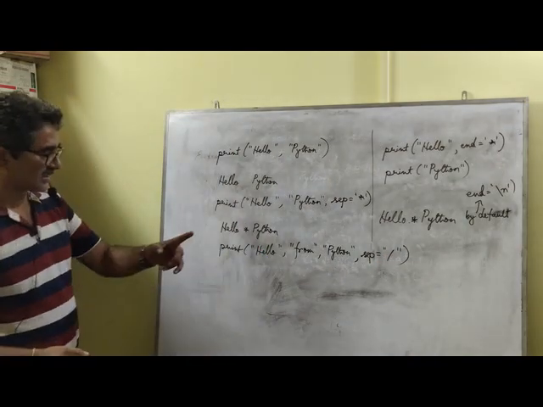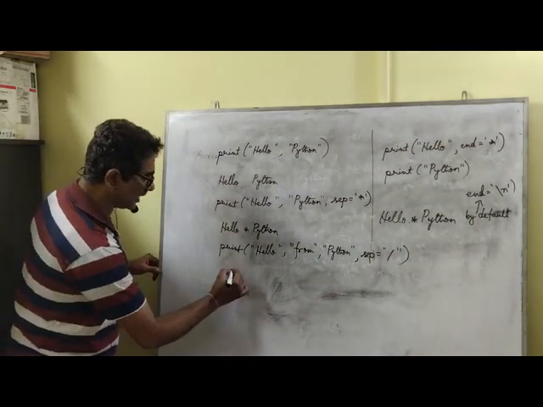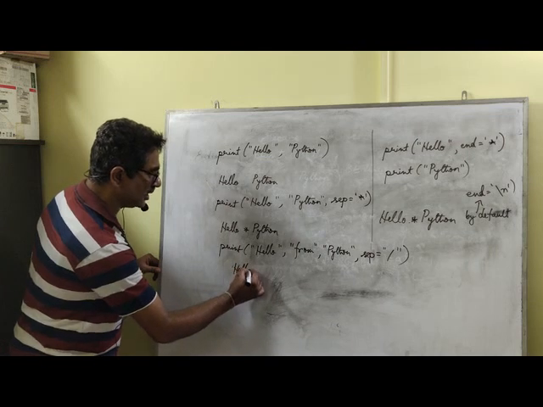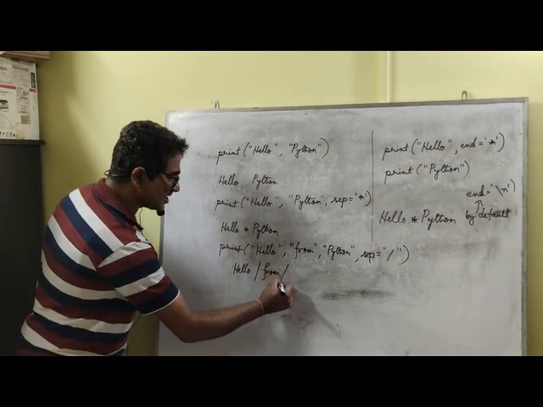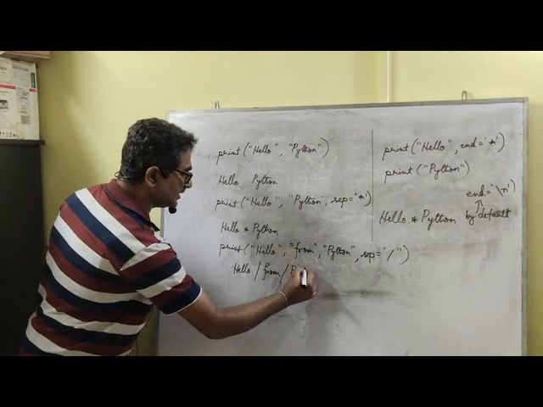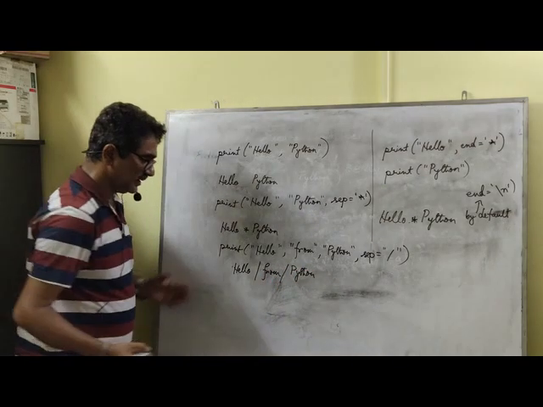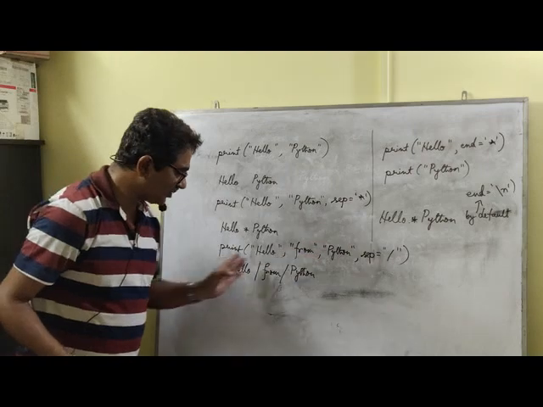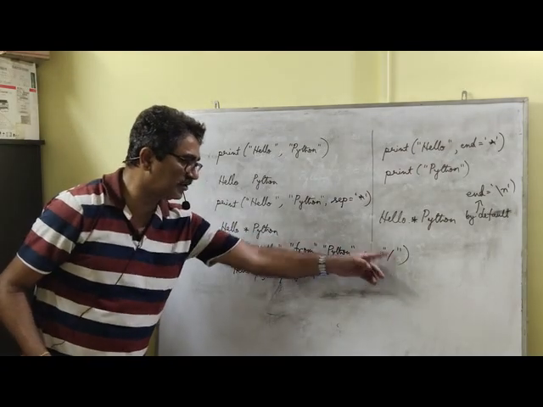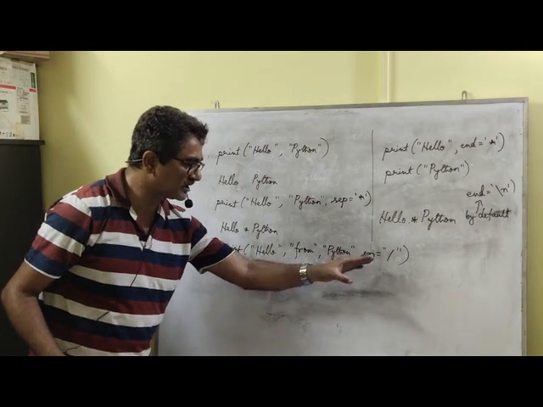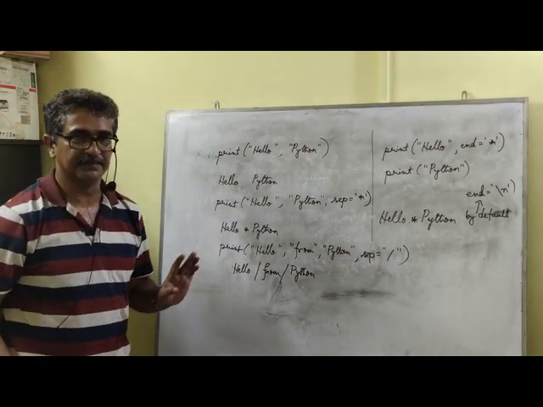So suppose something like this I have. This time what is the output you are going to get? You are going to get hello followed by slash followed by from followed by slash followed by Python. You see, every item that we are displaying using the print statement is separated by a slash. Whatever symbol you give in this sep, all in small letters, it is going to display this.